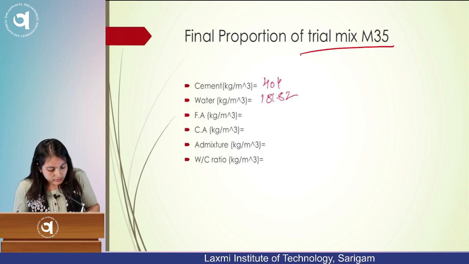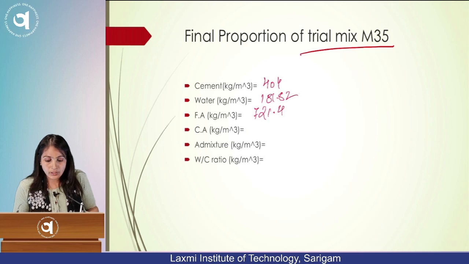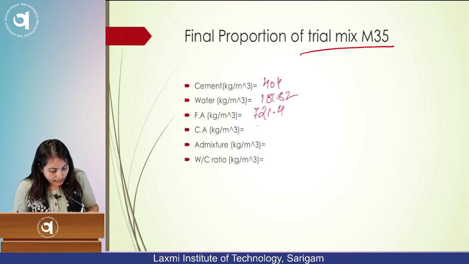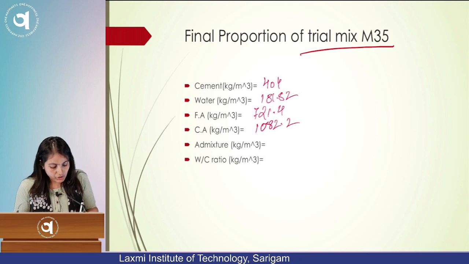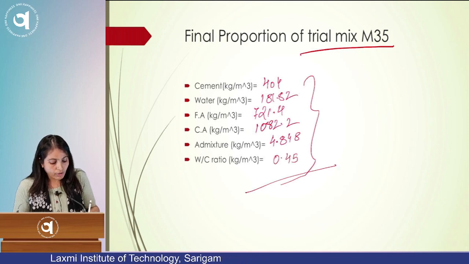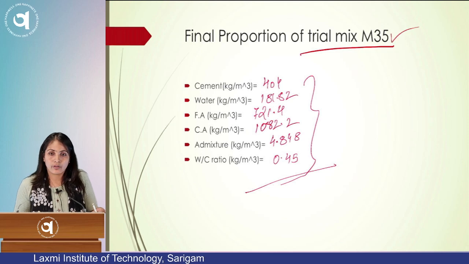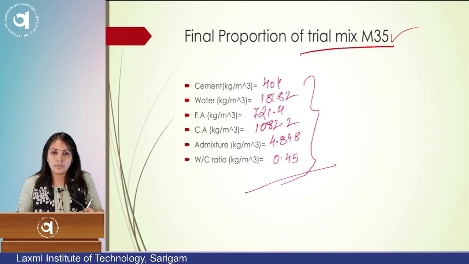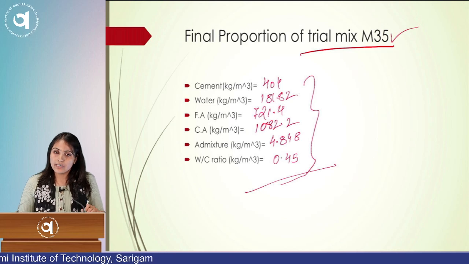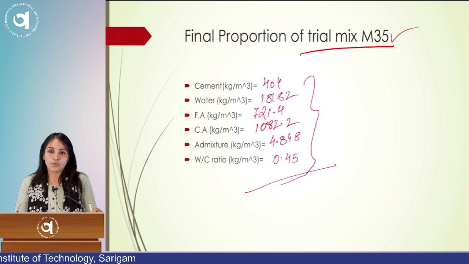Fine aggregate 721.4 kg per meter cube. Coarse aggregate 1082.2 kg per meter cube, and admixture 4.848, and water cement ratio 0.45. So, I got each and everything for this M35. This is the mix design for M35 based on Indian standard mix design. Thank you. Hope you understand.